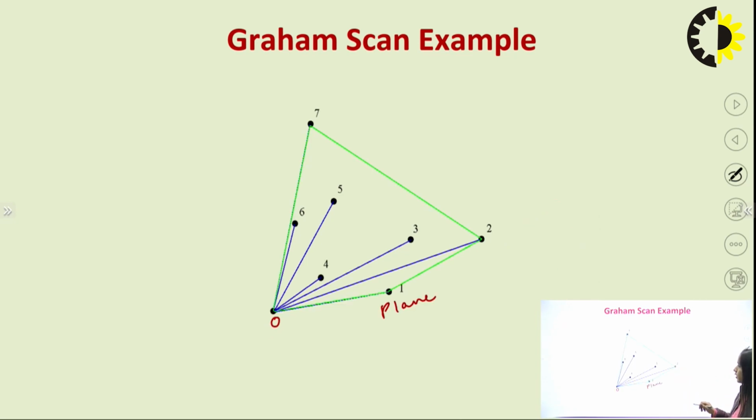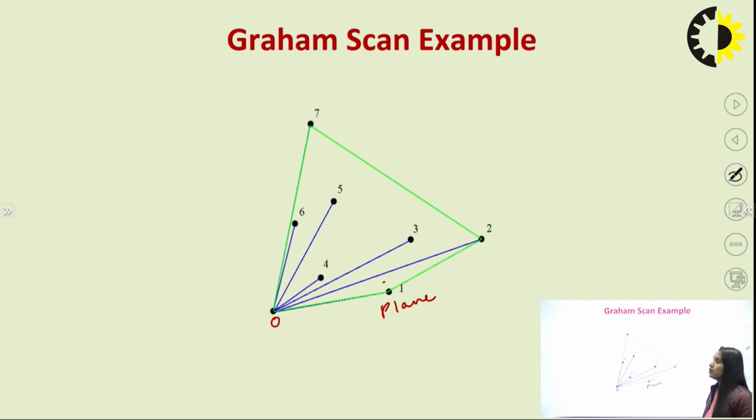Likewise in this plane we have these certain points in which 0 1 is my plane. I go counterclockwise, and when I go counterclockwise, 0 1 2 7 makes a good polygon in this plane. All the remaining points of the plane are within this polygon.